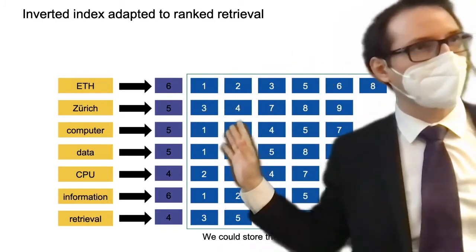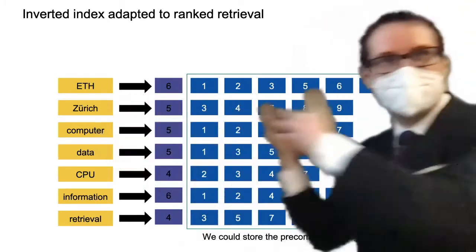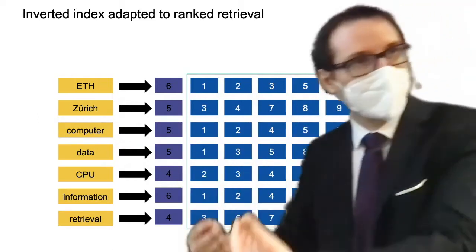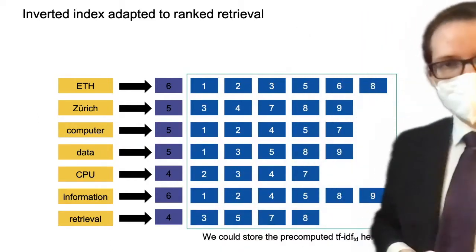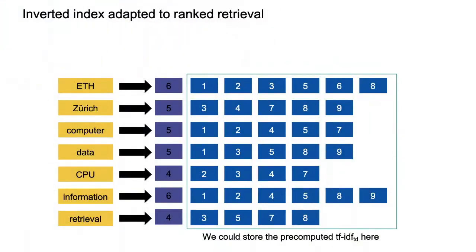If we store the TF-IDFs in there, then we can basically just, as usual, navigate left to right the posting list and compute the sums of the TF-IDFs, right? But in fact, that wouldn't necessarily be very efficient, because in the TF-IDFs, the term frequency depends on the postings, right?